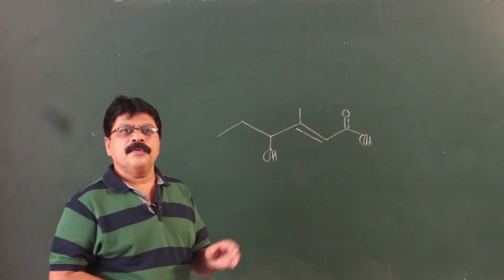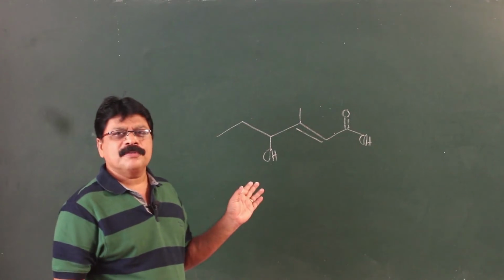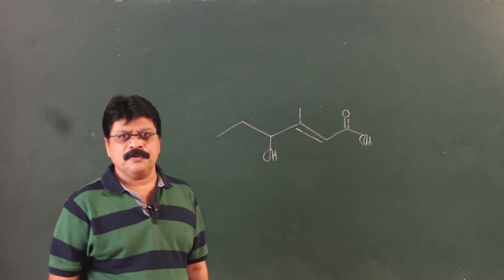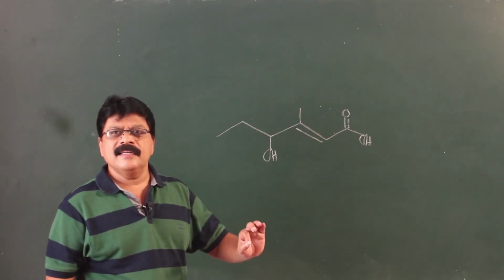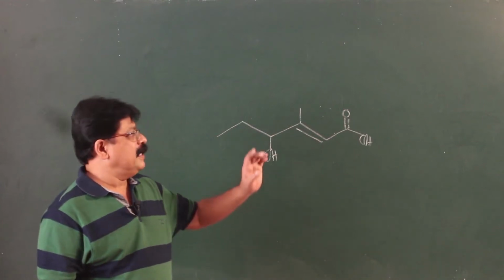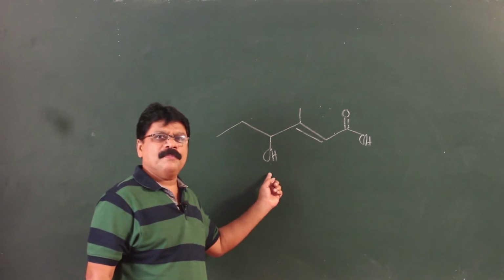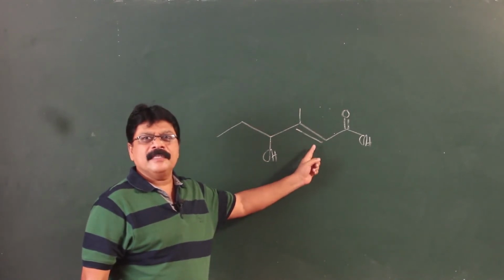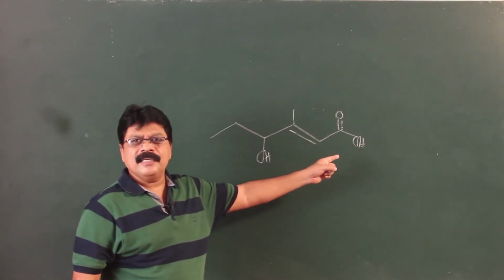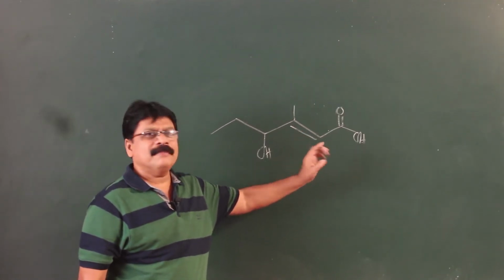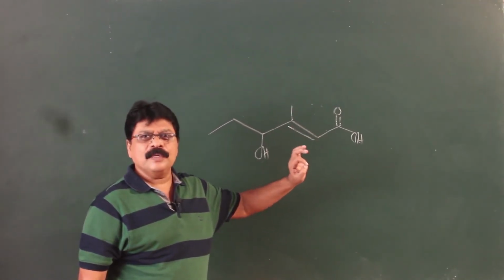Okay. Now, let us consider compounds where there are more than one functional groups. As I said earlier, find out the main functional group. In this example, you have a carboxylic group, you have an OH group, and an ene. Main priority is for the acid. So, that must get the lowest number.